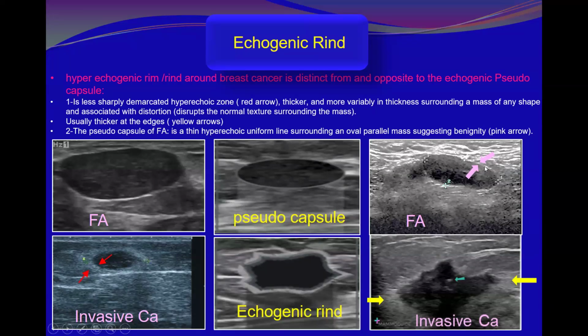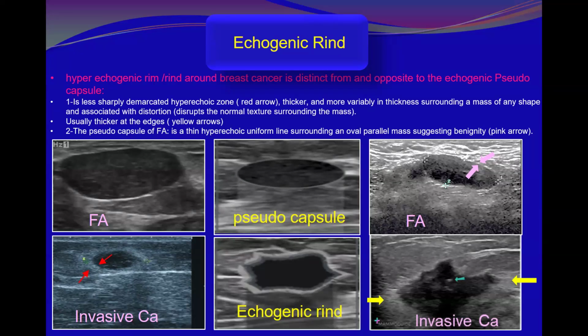This pink arrow demonstrates a thin pseudocapsule. And you have seen it here in the illustration, complete throughout. This is a pseudocapsule. But what is the echogenic rim as we described? Here, if we compare it with the pseudocapsule, the echogenic rim is thicker.